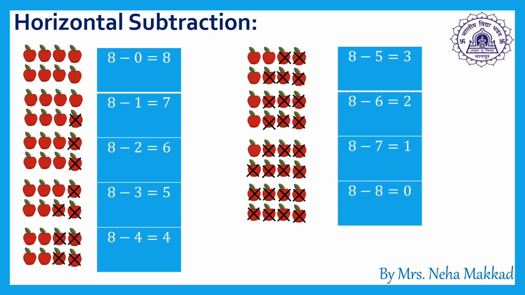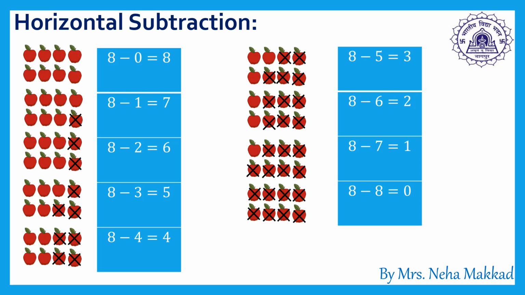We get the same number itself when we subtract 0 from any given number. In the second example, when we cross out one apple, the answer which we get is 7. 8 minus 1, the difference or the answer is 7.